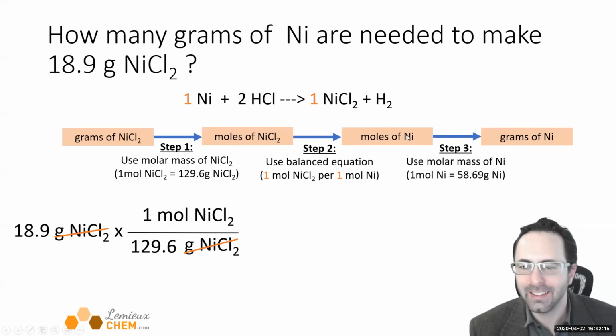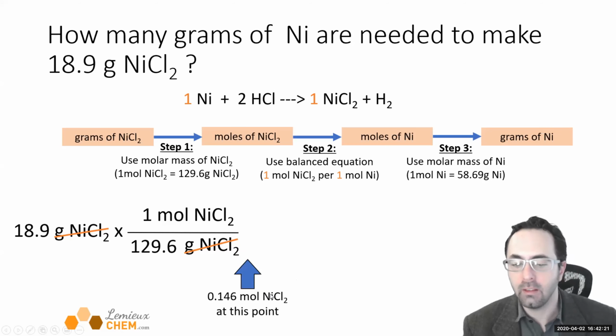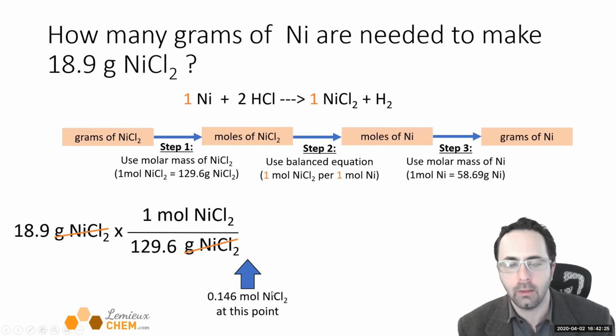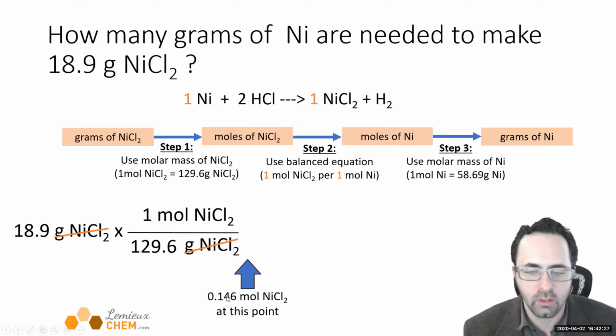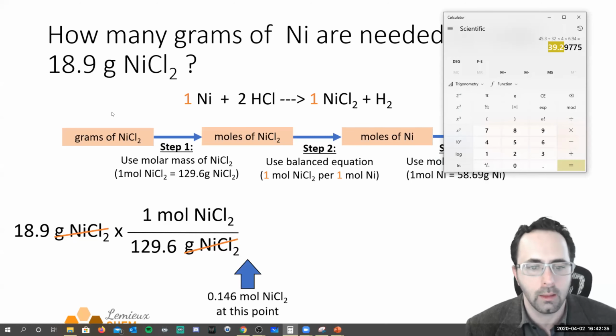And next is going to be to go from moles of nickel II chloride. So we could stop at this point, like we did in the last question. You can always stop and write down your answer. Why don't we calculate it just to be sure that this is right? We could stop and calculate it at any time, or we can keep going. It's really up to you and your style.